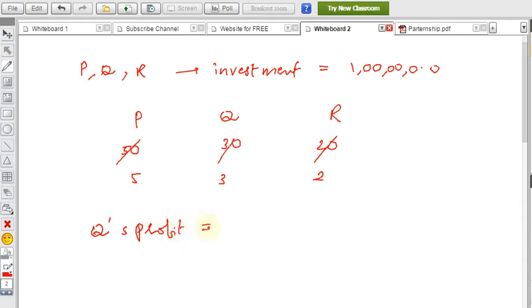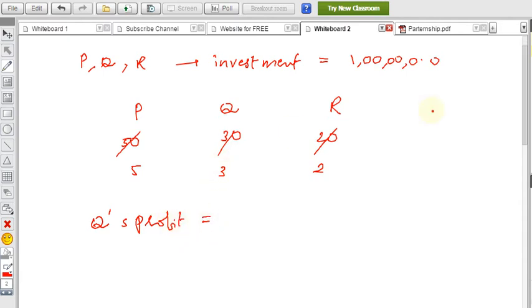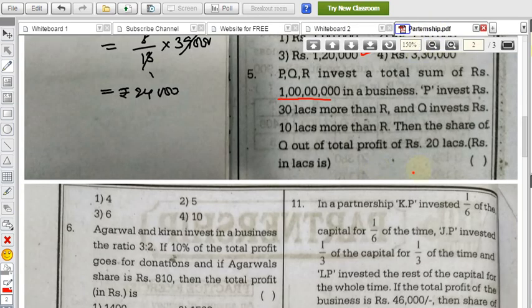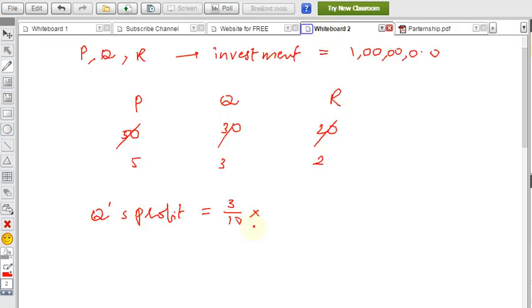Now Q's profit is Q's ratio by total into the overall profit, which is 20 lakhs. 3 into 2 is 6.